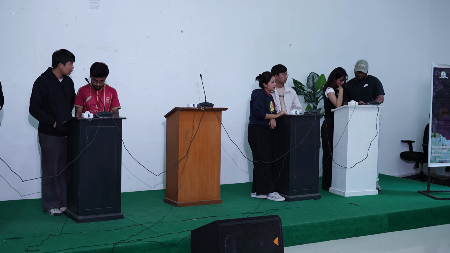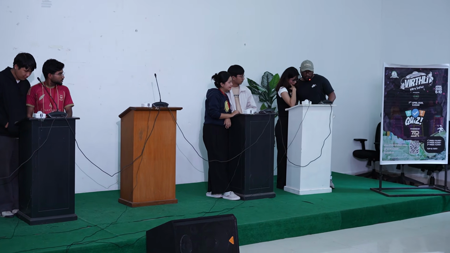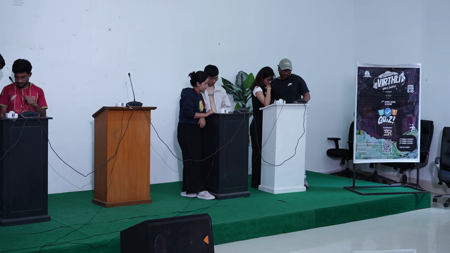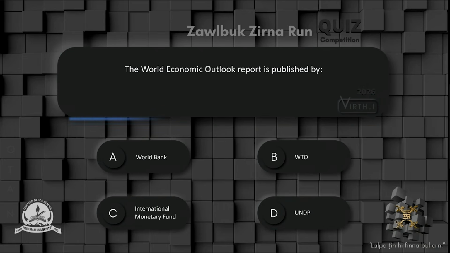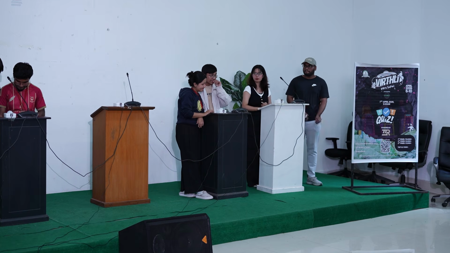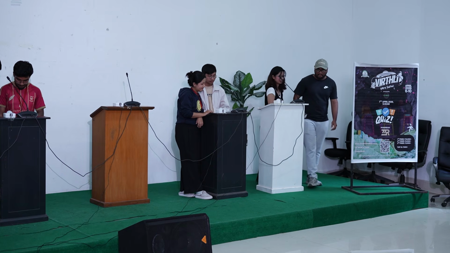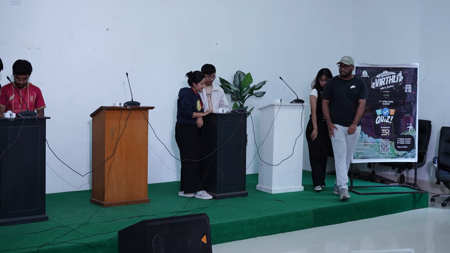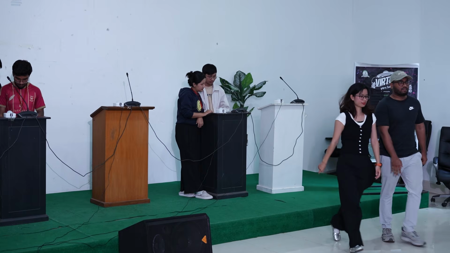Team 12. Option C. Their answer is option C, International Monetary Fund. Congratulations. Team 12 has made it into top 5. Now, one spot left. There is one spot left for top 5.